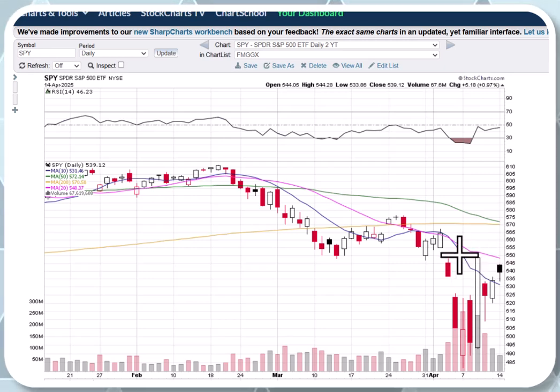This 20-day seems like it's a lot of resistance because it matches up with this high, and you got some gap downs here. So this is going to be a hard area to get through. And to get through, you're going to need a lot of power.